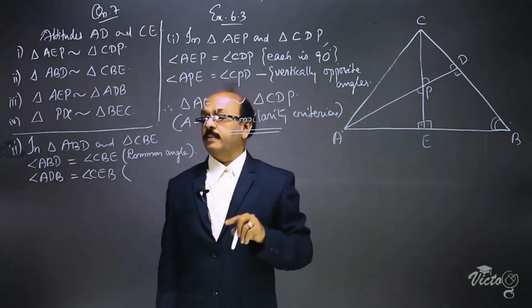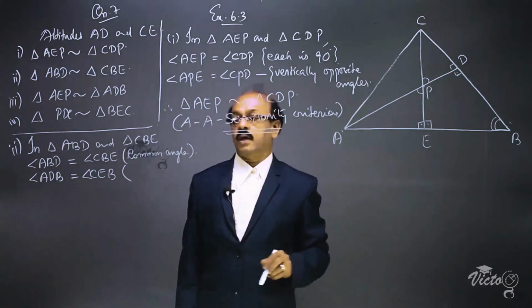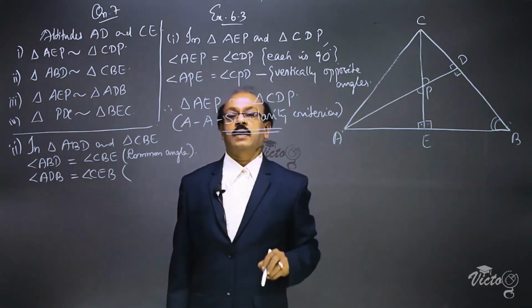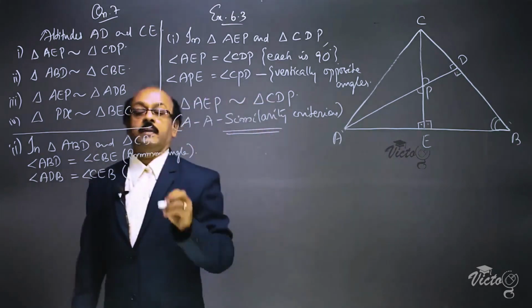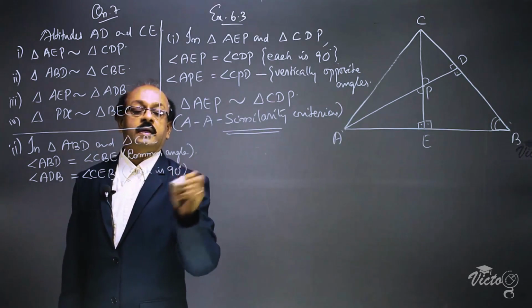Therefore, angle ADB is equal to angle CEB, each is 90 degrees.